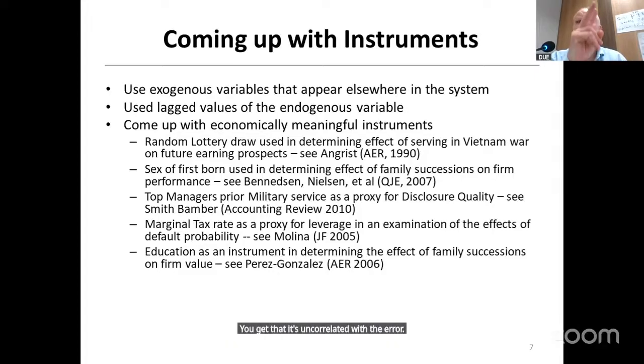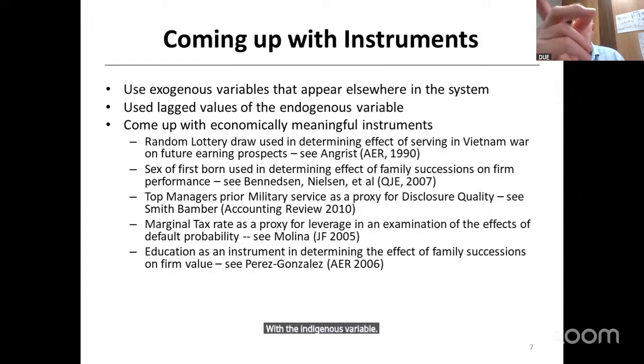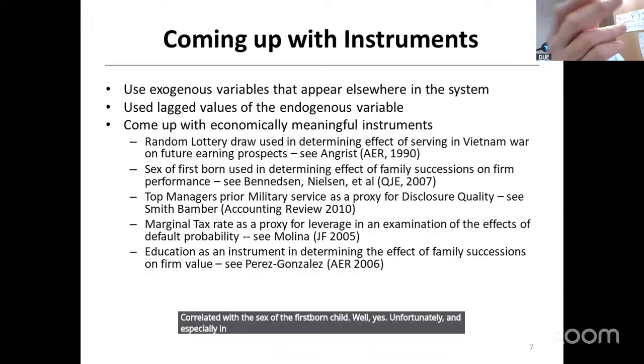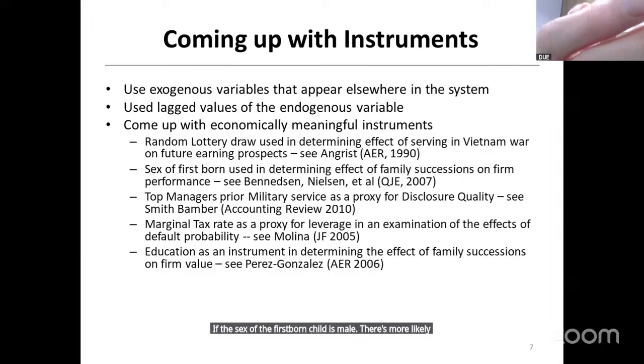Now, the second thing we've got to show is that it's correlated with the endogenous variable. So is family succession correlated with the sex of the firstborn child? Well, yes, unfortunately, and especially in Asian countries, if the sex of the firstborn child is male, there's more likely to be a family succession, right?